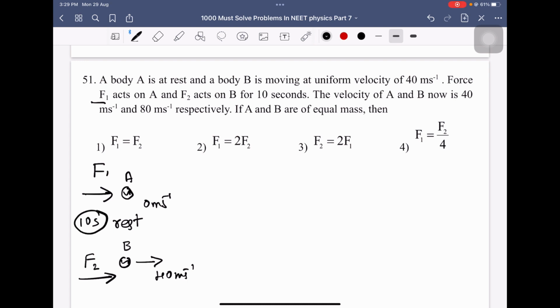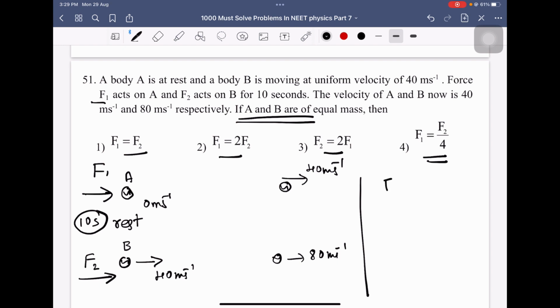The velocity of A and B now are 40 meter per second and 80 meter per second respectively. If A and B are of equal mass, then what is the relation between F1 and F2? How to solve this?